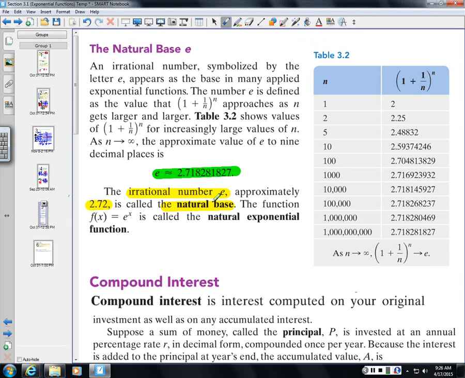Just like we know pi is not just 3.14, E is not just 2.72, but we use that to approximate what E is equivalent to if we're going to use it in a function.